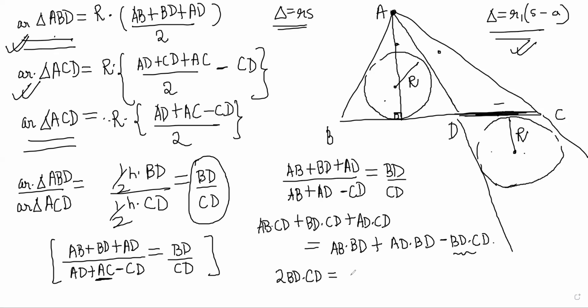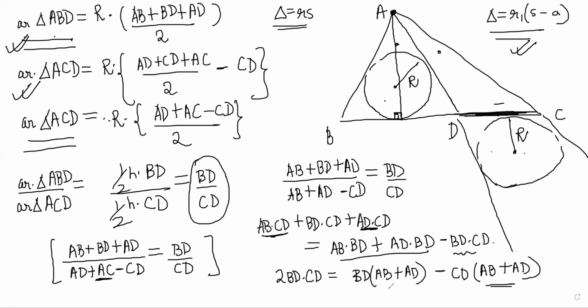So you will end up getting, here we can say BD common, you'll get AB plus AD, and then minus this term and this term, I can take CD common and it will be AB plus AD. Can you see that I can take this AB plus AD common in both? So I'm taking it common here and I'm taking it common from these two terms, right? So eventually now you will end up with this relation.